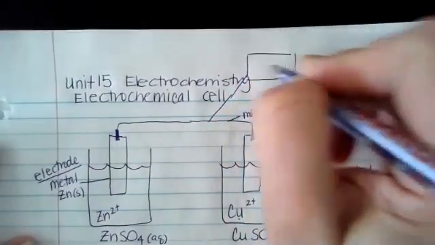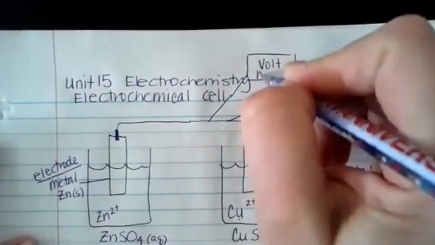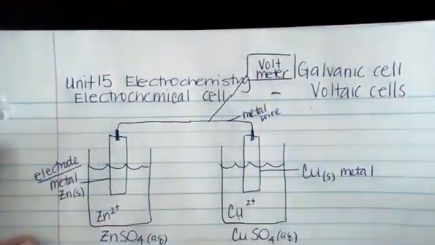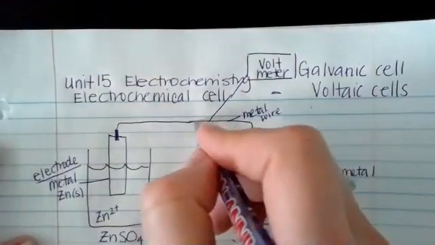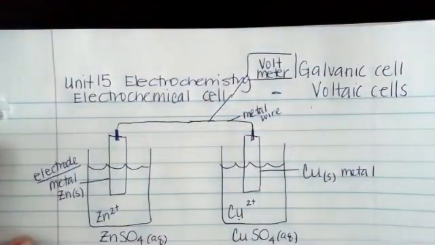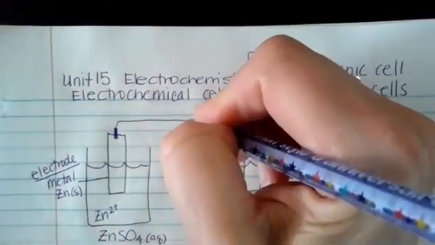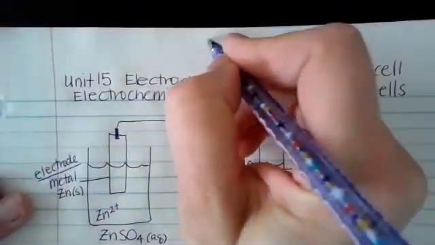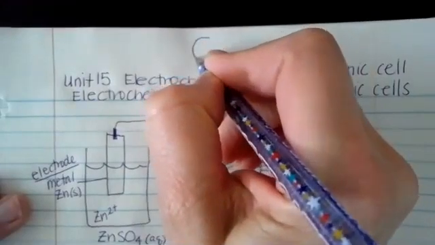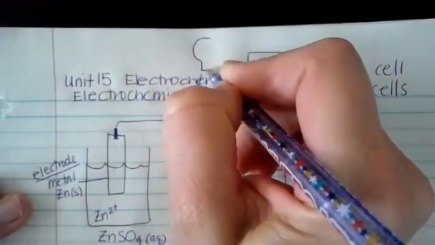I can have a box called a voltmeter, and I can measure the voltage from the flow of electrons. So I could actually measure the flow of electrons, how much voltage.